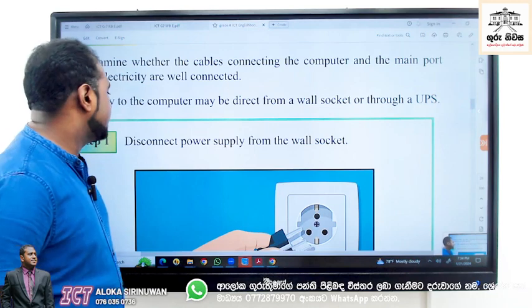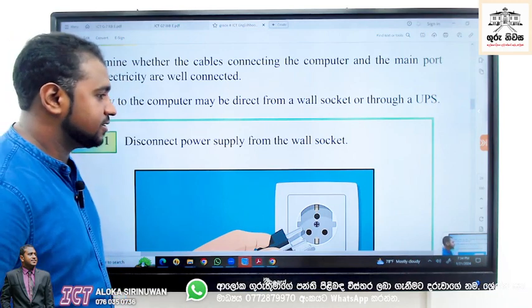Okay. Right. Disconnect power supply from the wall socket.